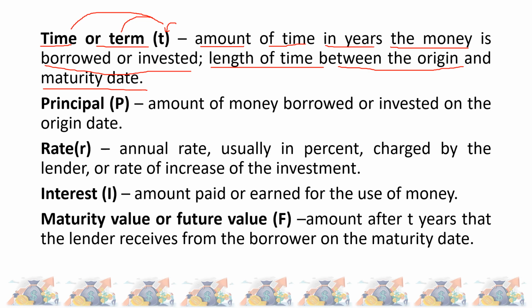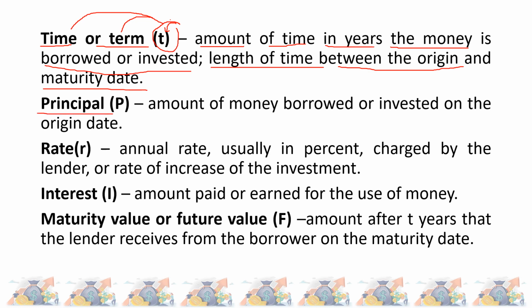Whatever the time interval between the origin or the release date of the money being borrowed by a borrower and the maturity date, that will be your time or term of payment. So we call it time or term, and we simply use small t to represent this.